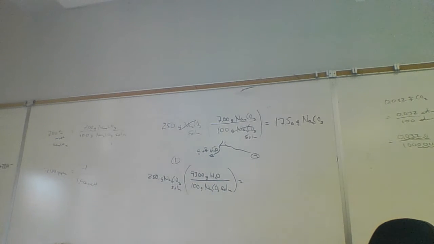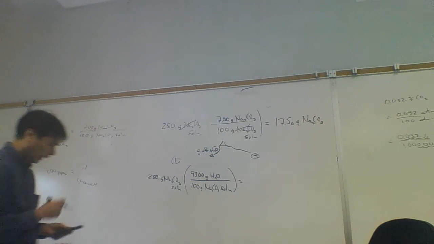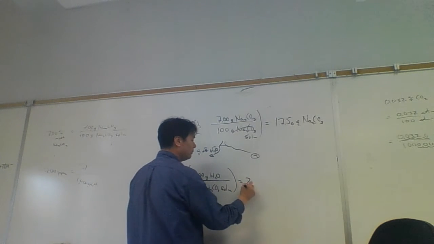Let's see what this comes out to. 250 times 93 divided by 100 is 232.5.